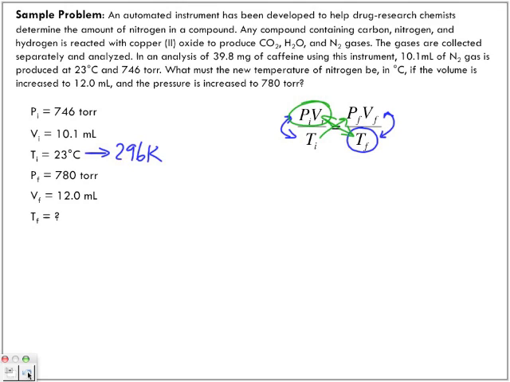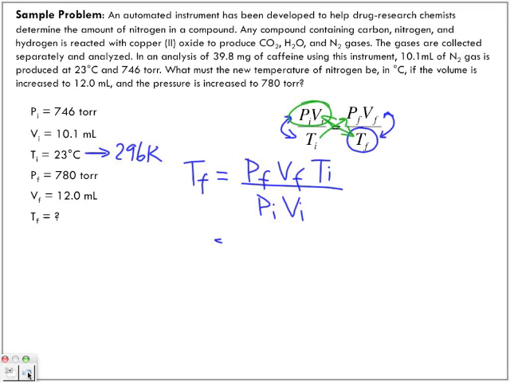I don't want to go through all the math that's involved, and in the end, this is what we're going to get: PF, VF, TI over PI and VI. Okay, so once we have that, all we've got to do is substitute these numbers into these letters.